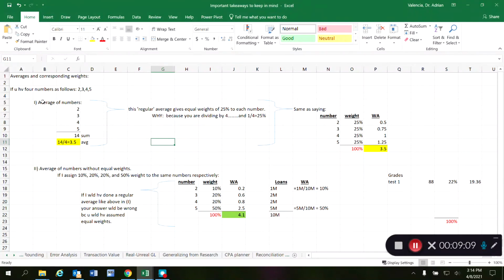When you do this regular average that you've always done, that's also 100%. Why? Because of this demonstration here, which is the same as that. So be careful with averages, and the conclusion is to understand that every average is a weighted average. The question is, is it an equally weighted average or a not equally weighted average?